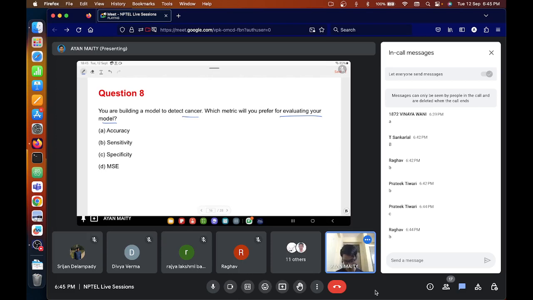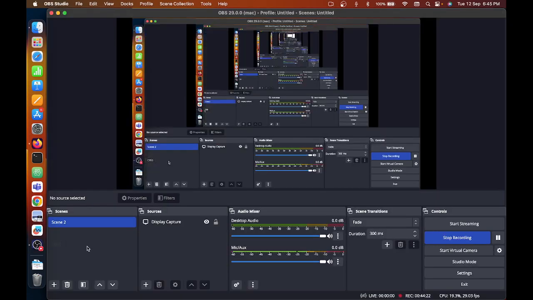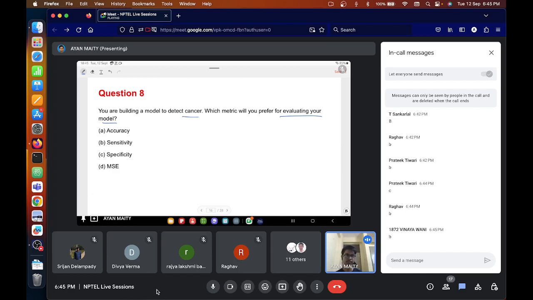Anyone else? Bina is saying option B, sensitivity. The correct answer is option B, sensitivity or recall.